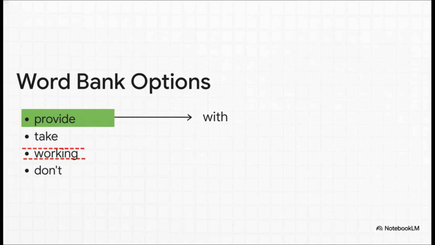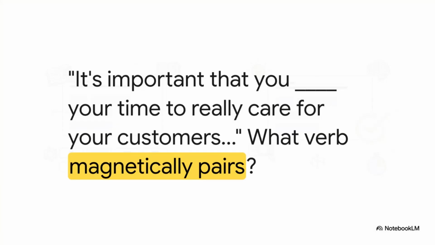We can eliminate all of these right out of the gate because they are grammatically completely incorrect. I mean, you don't say working your customers with or take your customers with, but we can easily and confidently drop in provide. You provide your customers with services. It's a perfect match.